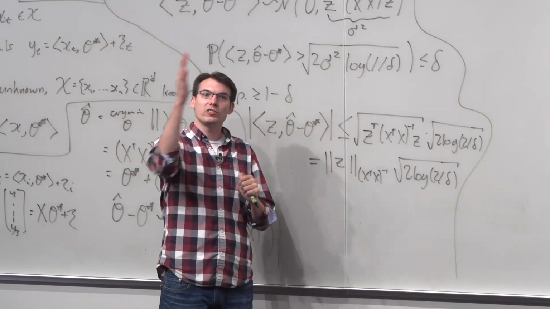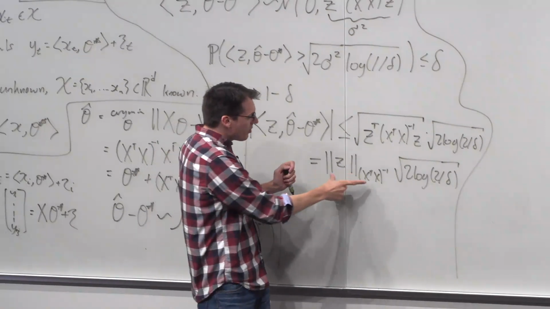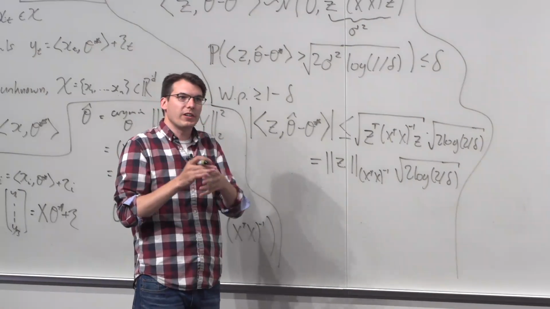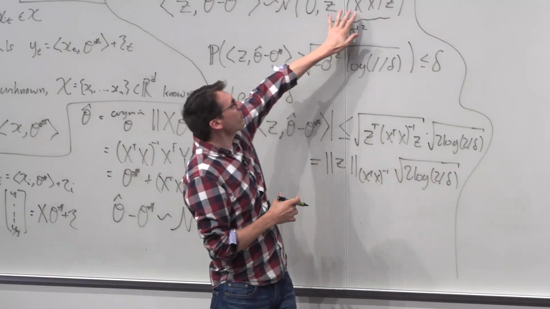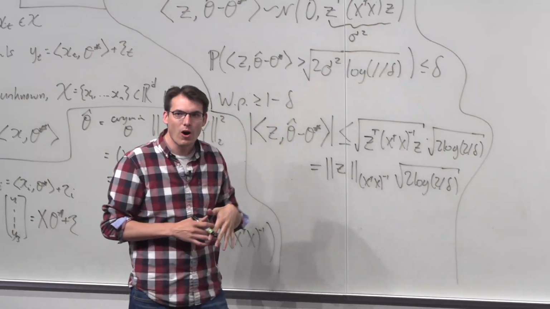Meaning if I had a lot of x's in that direction z, X transpose X will be very large in that direction, and therefore z transpose (X transpose X) inverse z will be very small.